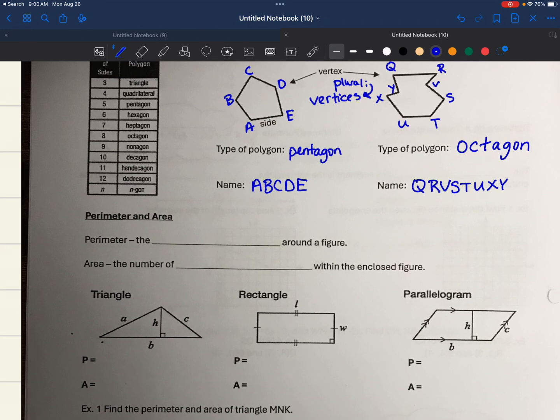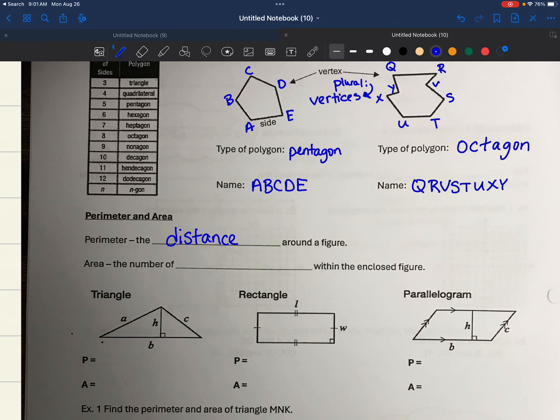Okay, let's talk about the difference between perimeter and area. When we talk about perimeter, what are we specifically talking about? Addition. True, but what am I finding if I'm finding perimeter? The outside, right? So the distance around. Okay, so the easiest way to explain this is if I want to put a fence around my backyard.